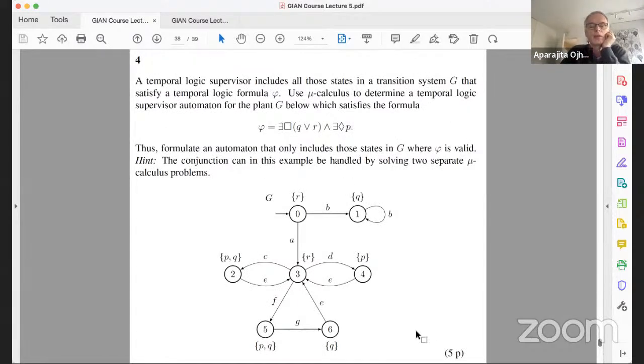Finally, once again without giving all the mu calculus details, this is just to show an interesting example of how temporal logic and mu calculus can be applied.